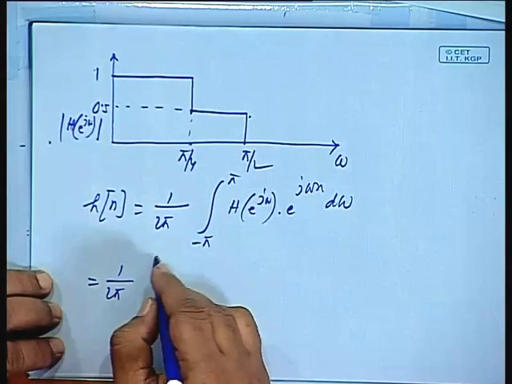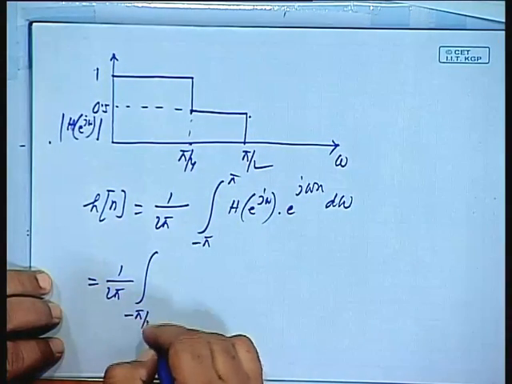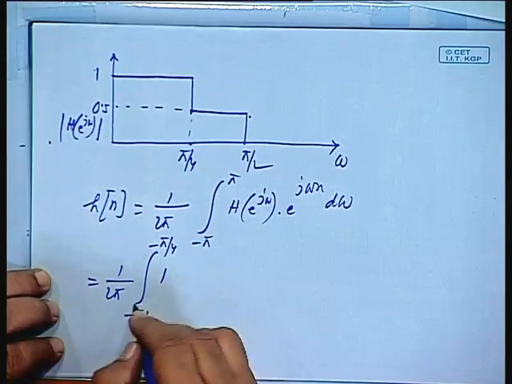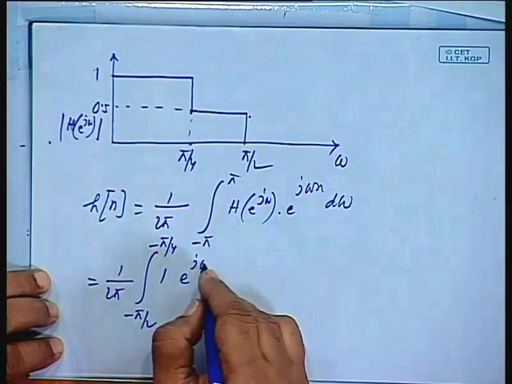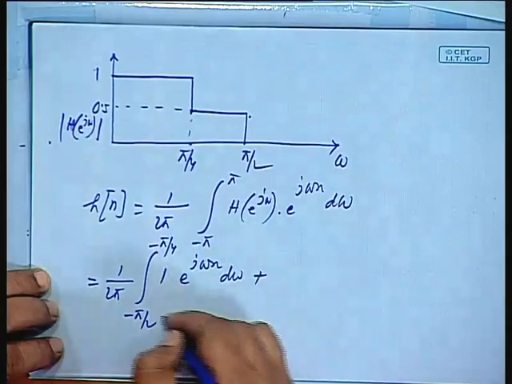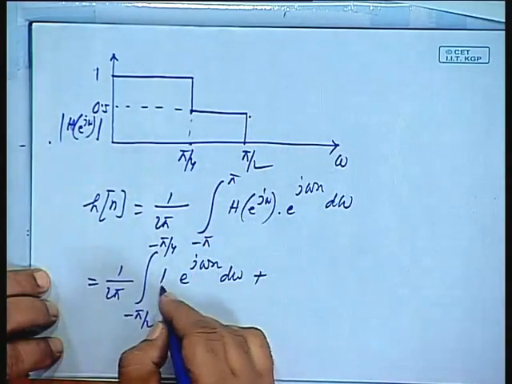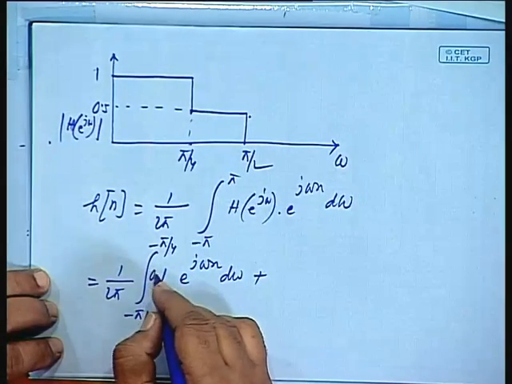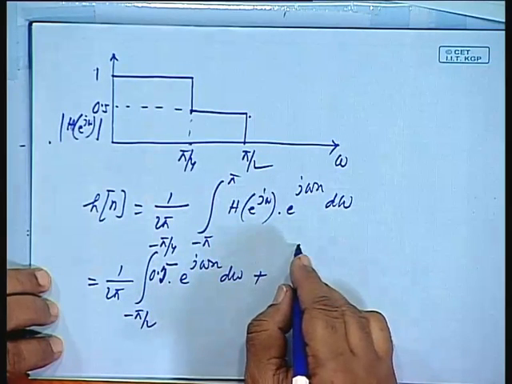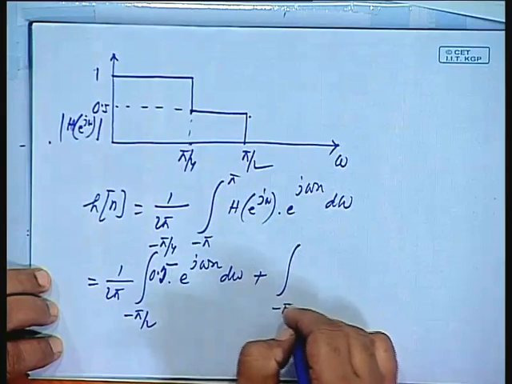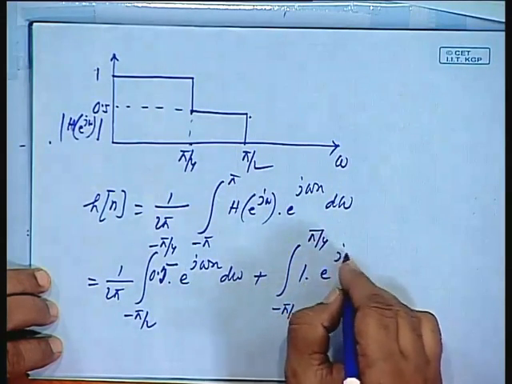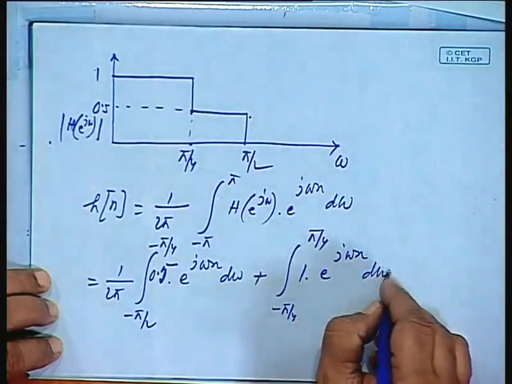So, I will take it this way: minus pi by 2 to minus pi by 4, it is 0.5 times e to the power j omega n d omega. Then minus pi by 4 to plus pi by 4, it is 1 into e to the power j omega n d omega.